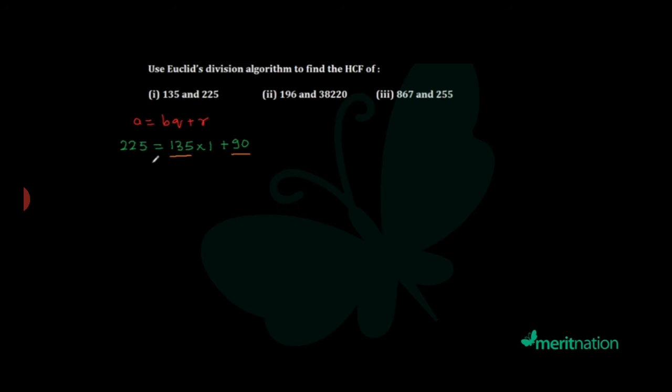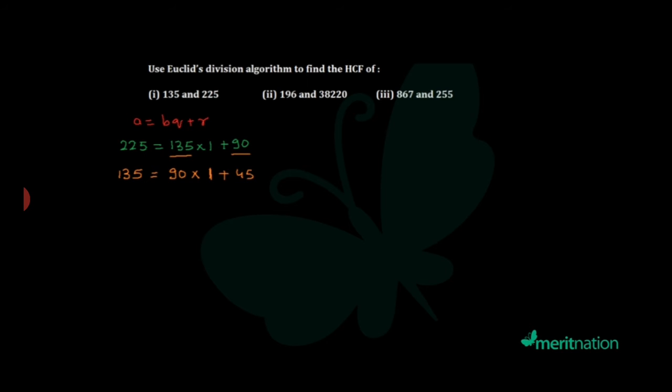So now these become the next values of a and b, and they continue unless we hit the remainder 0. So now when 90 divides 135, it will again go one time, quotient 1, and the remainder that we'll be left with is 45, isn't it?